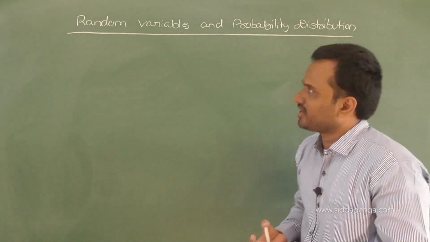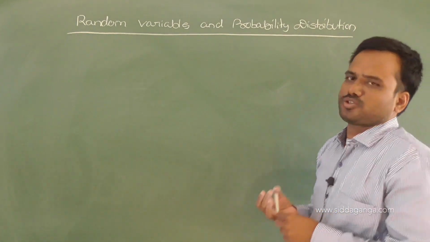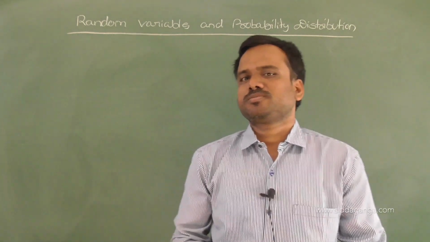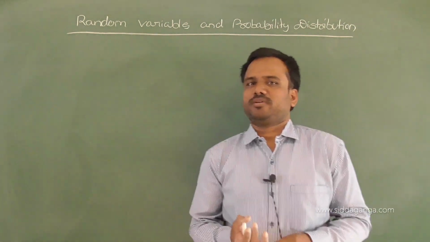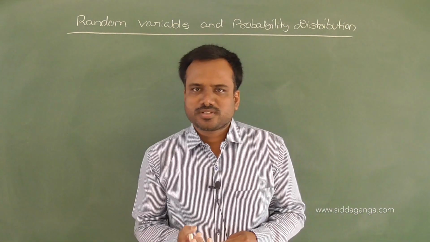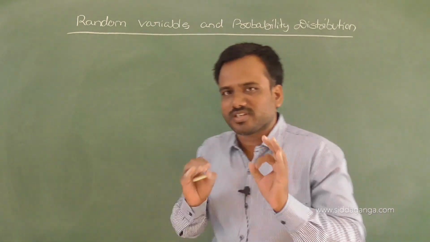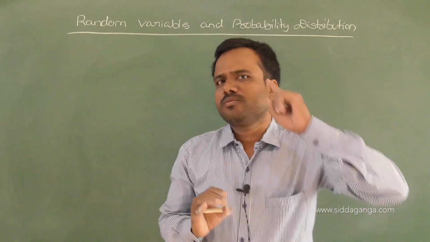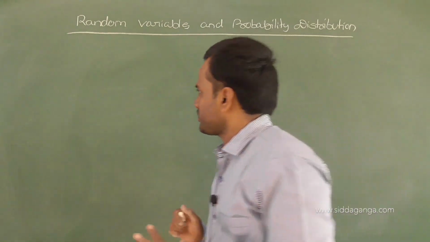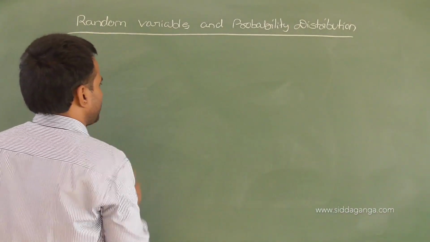This is the next concept in the probability chapter. We will see what a random variable means and what a probability distribution means. For that, we take one example.